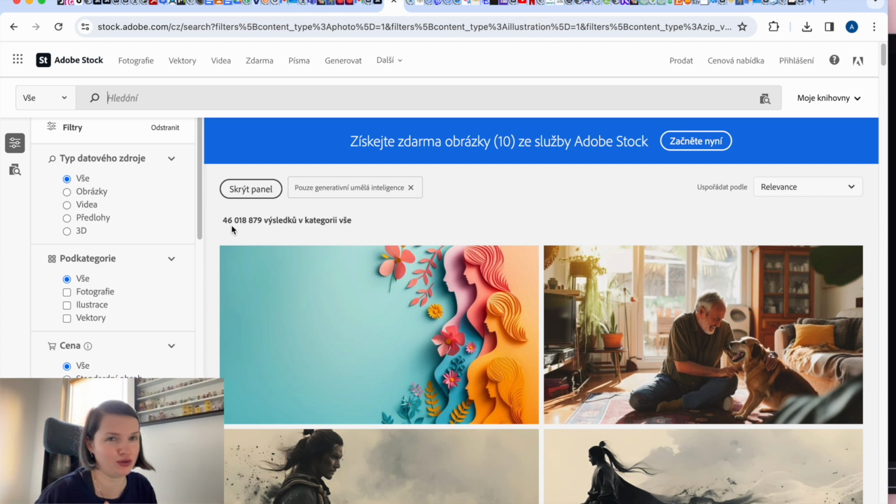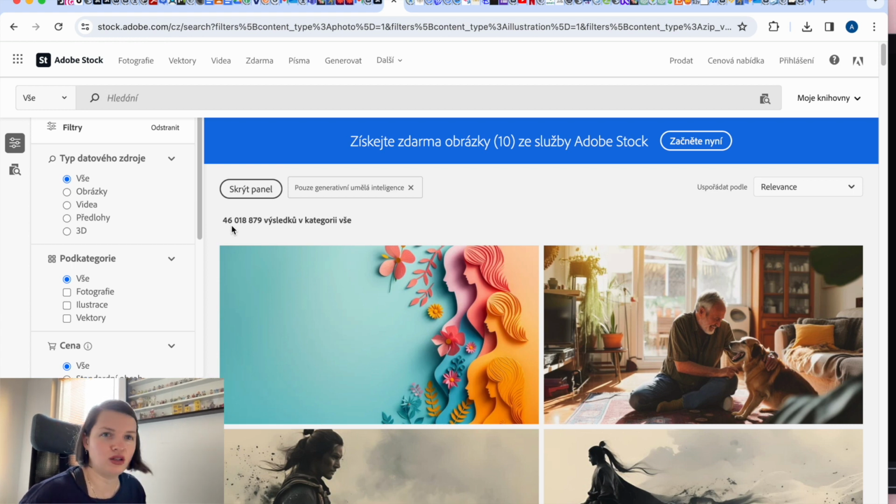Just AI, not normal photos, not normal illustrations, 46 million AI images. So clearly there is a lot of competition. So if we want to be successful, we need to work hard on it and actually kind of know what we are doing.